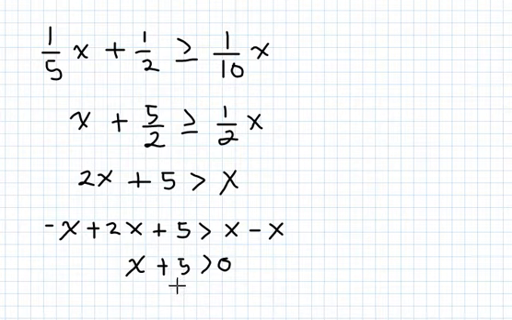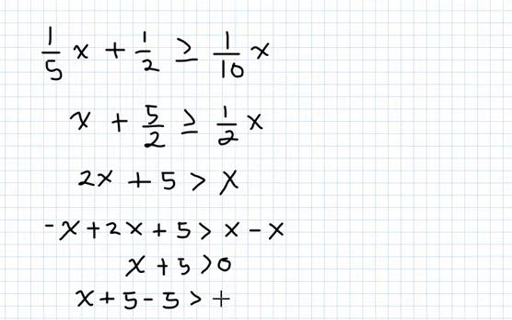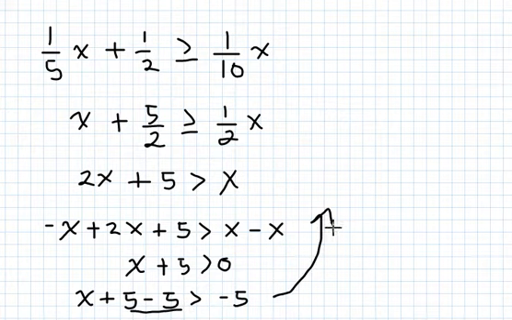So now I want to subtract 5 from both sides. So we'd have x plus 5 minus 5 is greater than 0 minus 5, except I'm not going to write the 0 in there. As you can see, those will cancel out to be 0. And I'm going to write this up here.